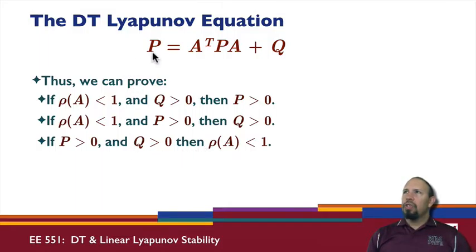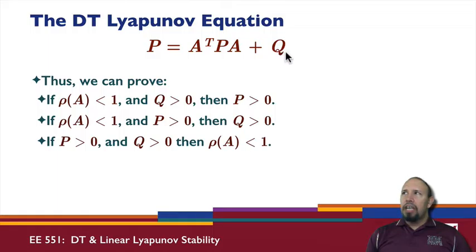So this is the discrete time Lyapunov equation, and it appears for linear time invariant systems. Now it turns out that we're going to actually be able to modify this equation a little bit and incorporate other properties. But this is the basic discrete time Lyapunov equation.